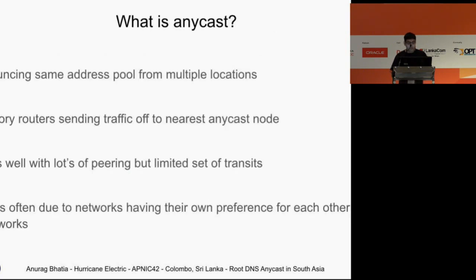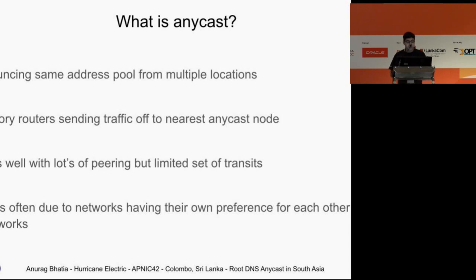Quick introduction on Anycast. Anycast is all about announcing the same address pool from multiple locations. If you go by the way BGP routing works, if you have different routes in your routing table with different next hops, BGP is expected by default to take the nearest exit as per hot potato routing.